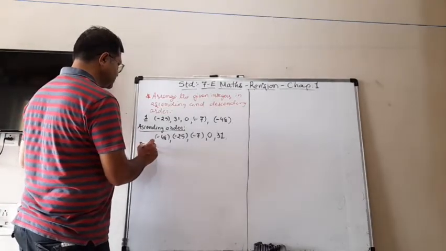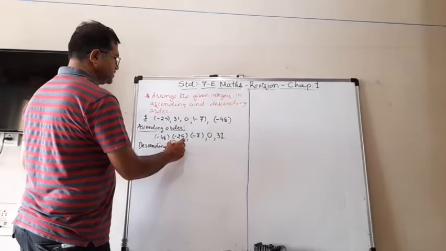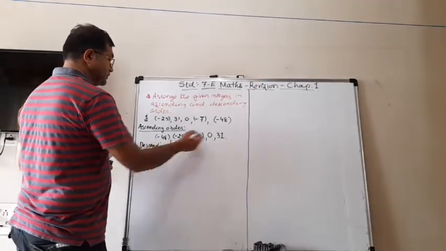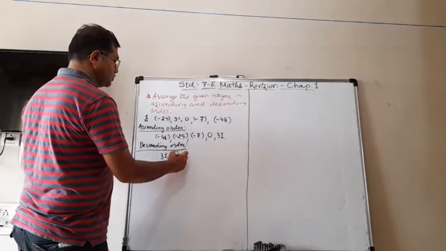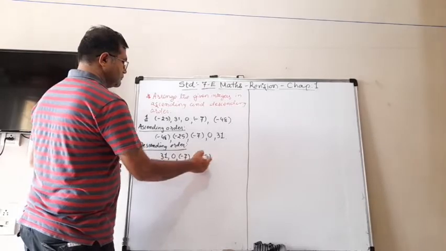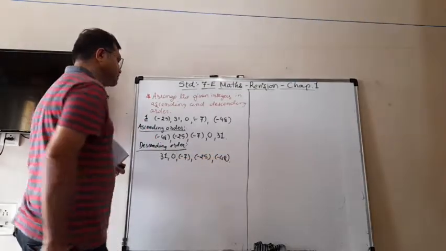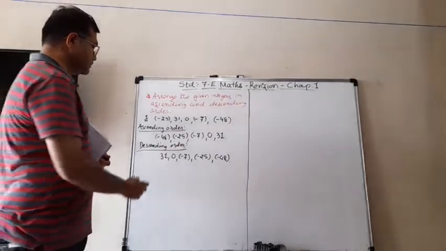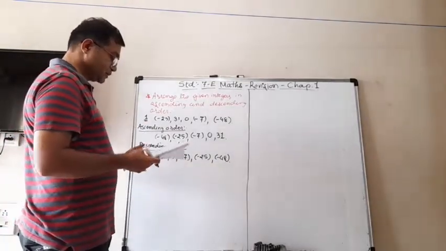So now descending order: if you want to write it down, write the reverse: 31, then 0, minus 7, minus 25 and minus 48.